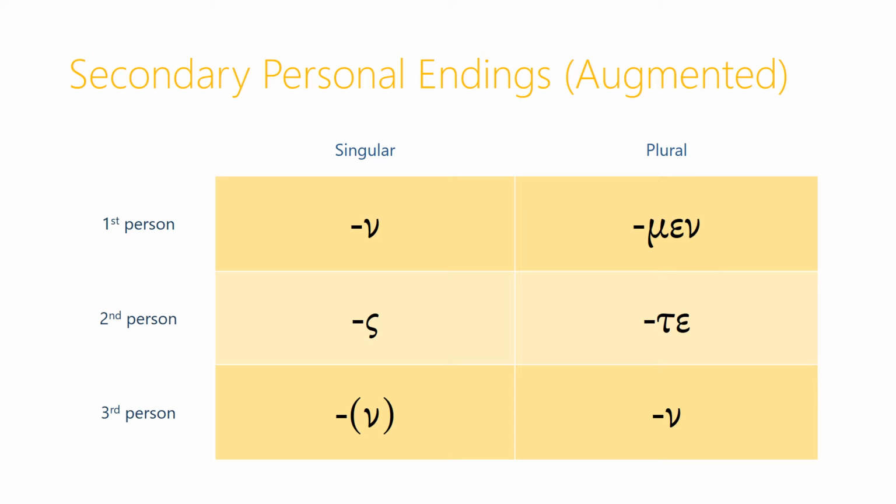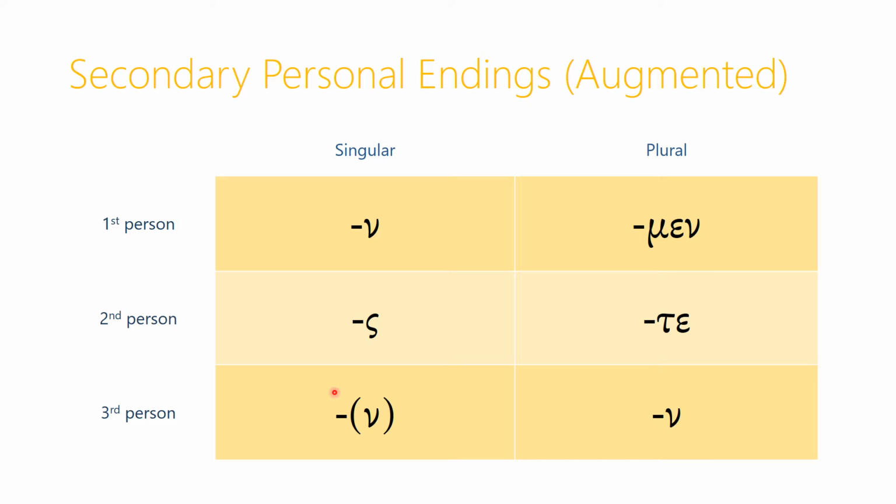But now in the first person singular, instead of no ending after the connecting vowel, we have a nu. And we have the same ending in the third person plural. We don't have that nsi ending anymore. We just have a nu, the same as in the first person singular.